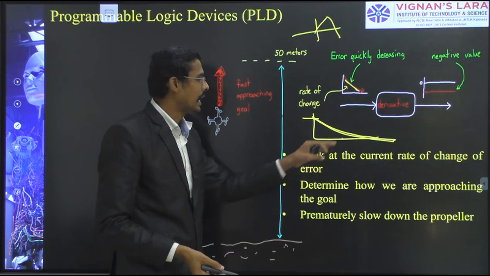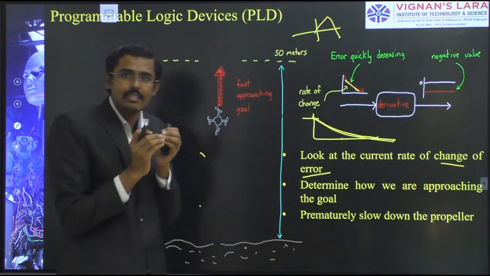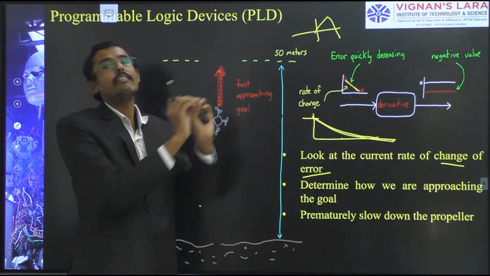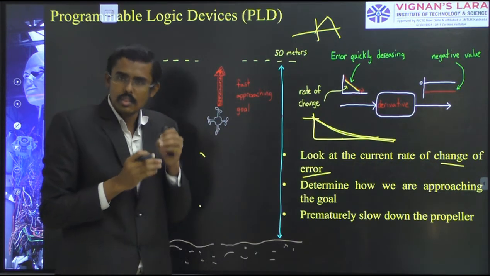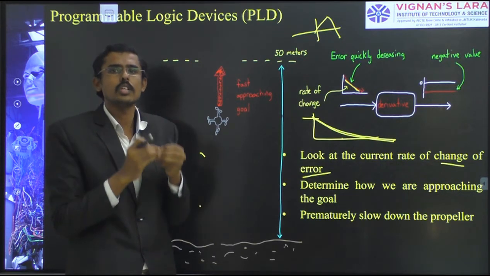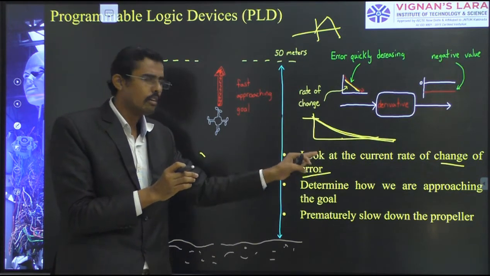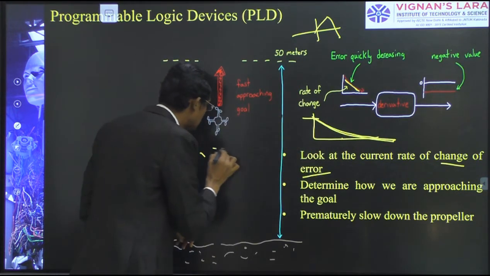Look at the current rate of change of error. At the current rate, how fast we are moving, we can reach that line. So immediately it will respond back and reduce the speed, walking speed or motor speed or automobile speed, whichever it is, and we make the steady line.